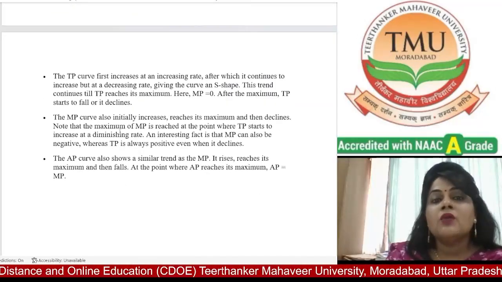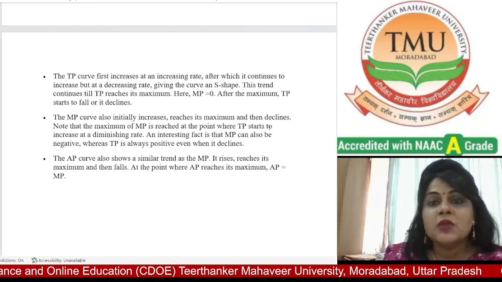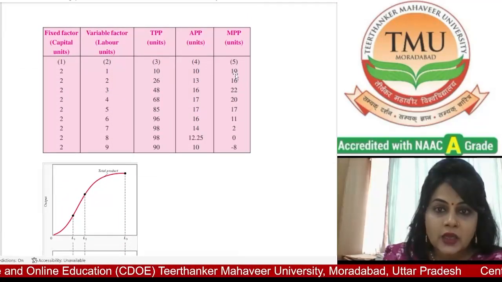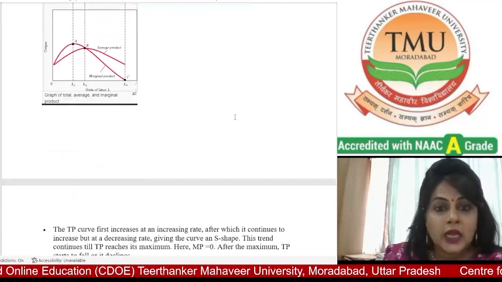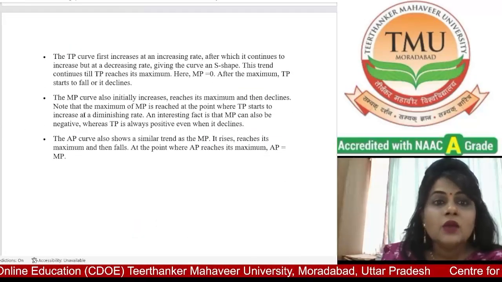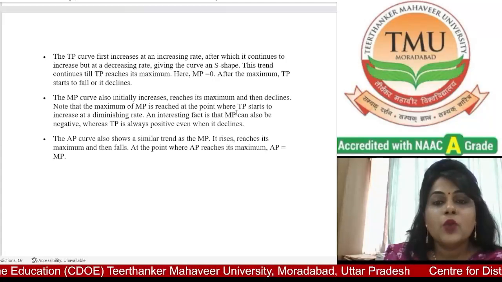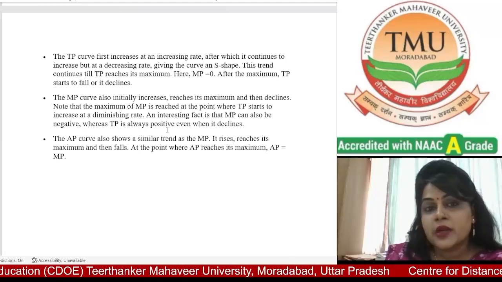The MP curve also initially increases, reaches its maximum and then declines. You are seeing here that it increases, but after that it also declines. Note that the maximum of MP is reached at the point where TP starts to increase at a diminishing rate.